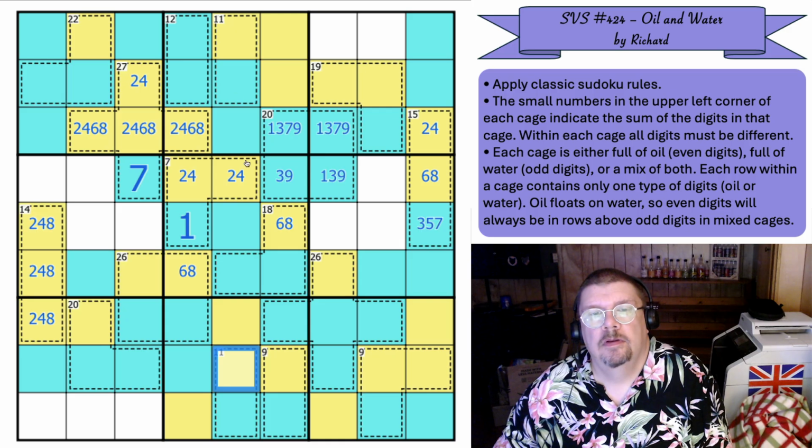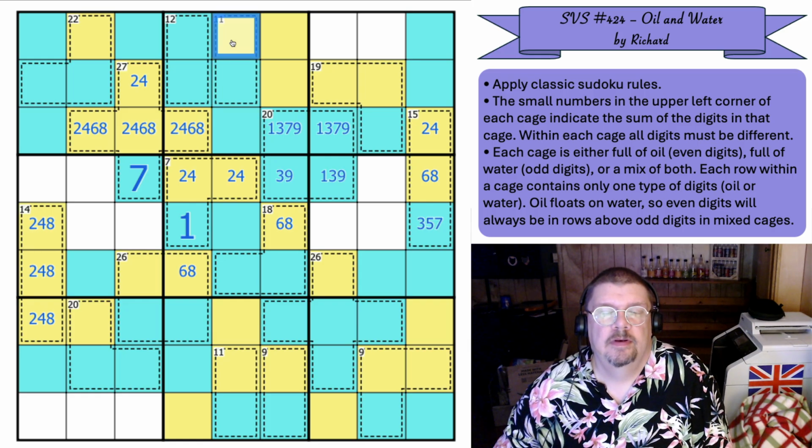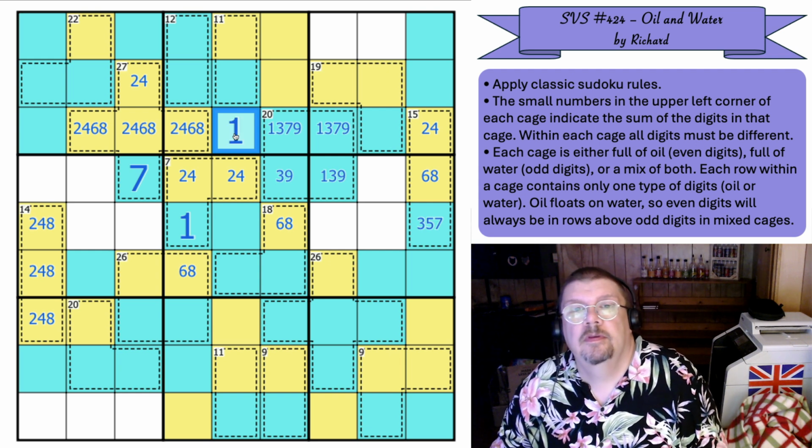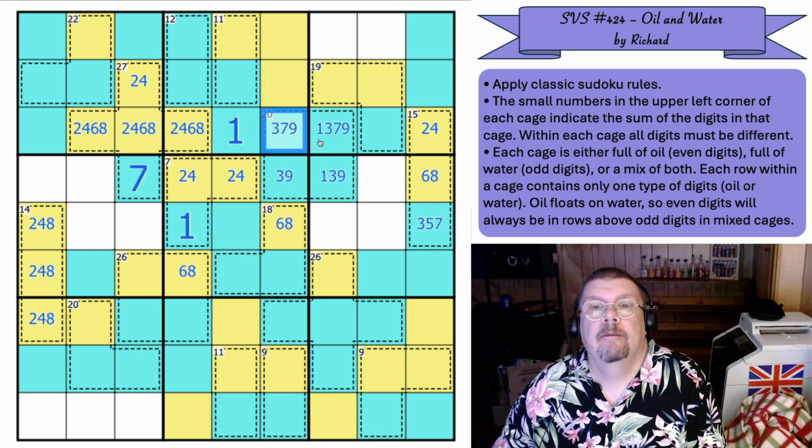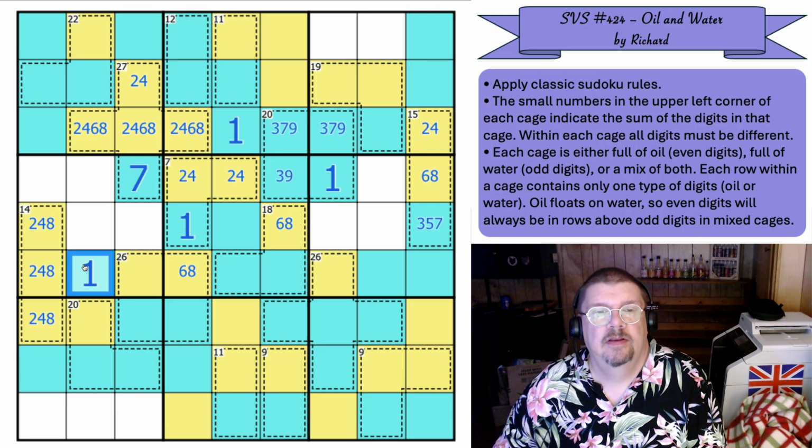Where does 1 go in this column? It doesn't go there because that would need a 10. It doesn't go there because that would need a 10, and it can't go in either of those two, so that's a 1. So this is the only place for 1 in this cage, and that places a 1 there.